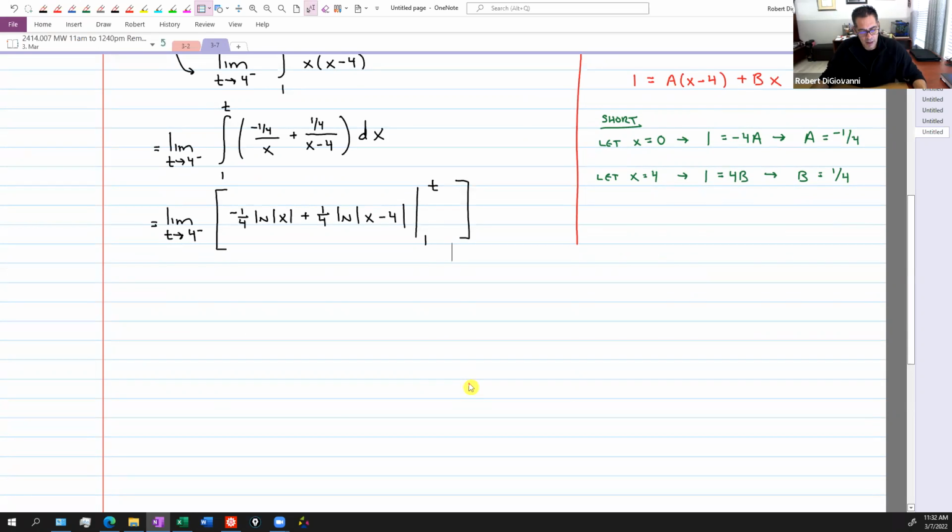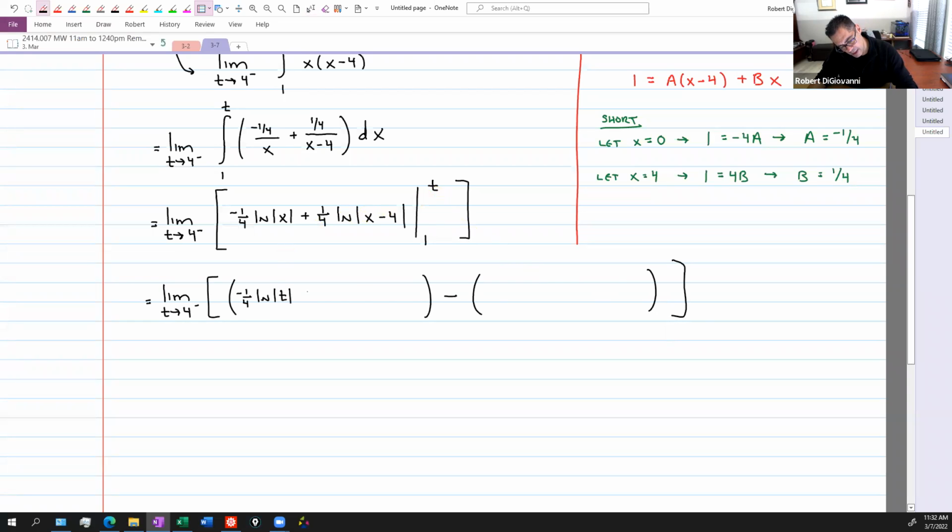Okay, so let's see here. I need to now evaluate this, right? Before I take the limit, I need to evaluate at the two endpoints. So I'm going to plug something in, subtract, and plug something else in. So I start with t going in for x: negative 1/4 natural log absolute value of t plus 1/4 natural log of absolute value of t minus 4.